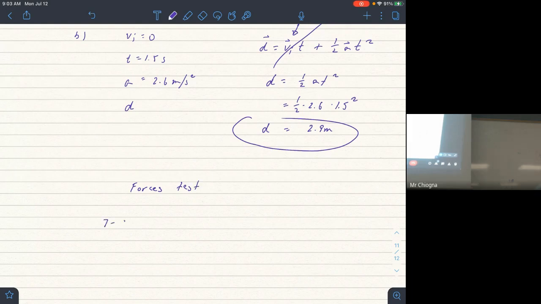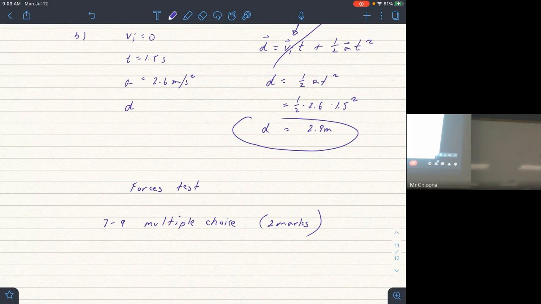Seven to 9 multiple choice, worth 2 marks each. Show all work. Whenever I give you multiple choice on a test, I've got time to go over it again, so show the work. I can give you partial marks even for a multiple choice.